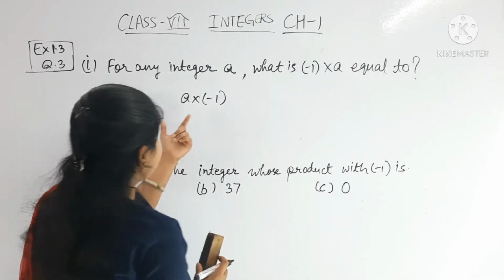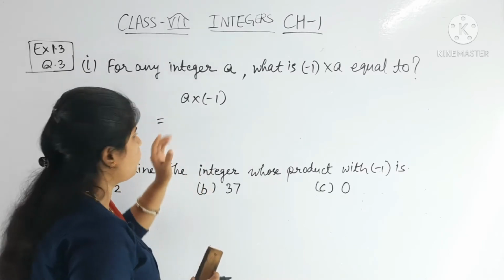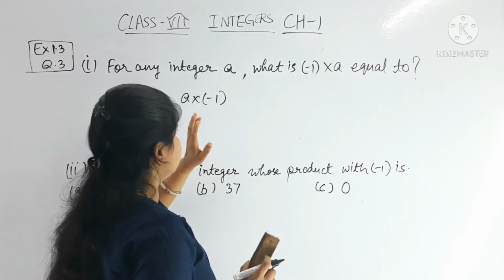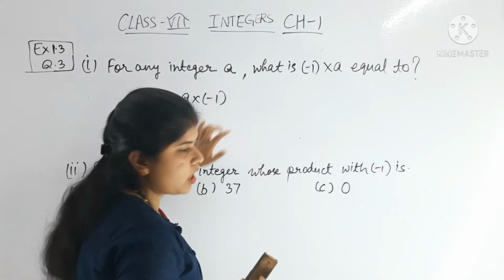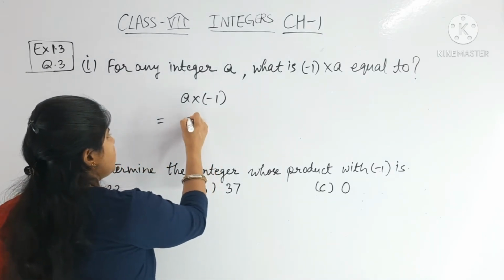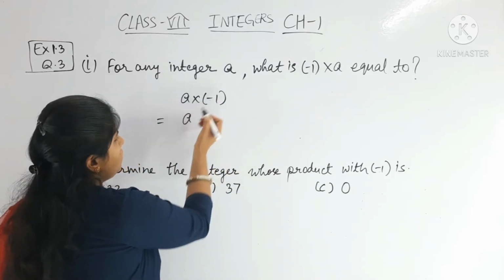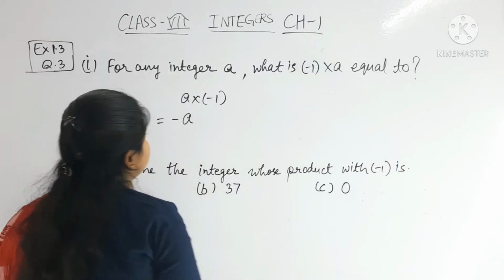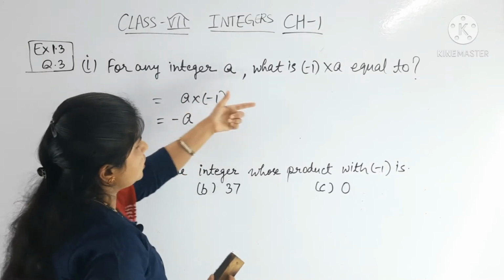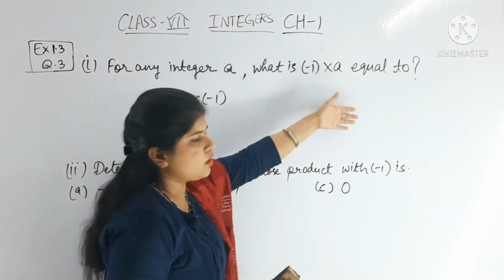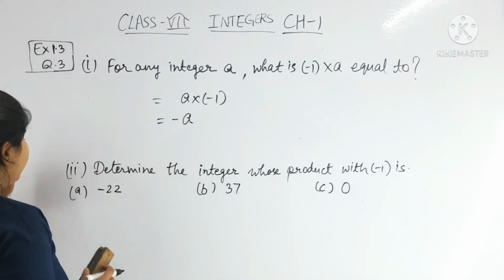We know that if we multiply any integer with 1, we will get the same number. A into 1 is a. Here plus minus will be minus. So the question is, what is minus 1 into a equal to? Minus 1 into a is equal to minus a. That is the answer of the first part.